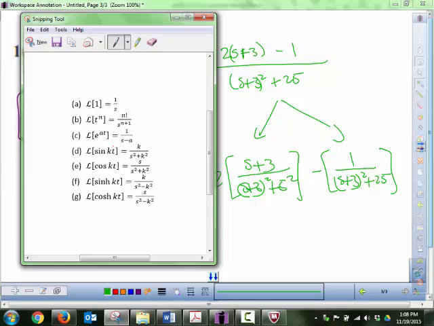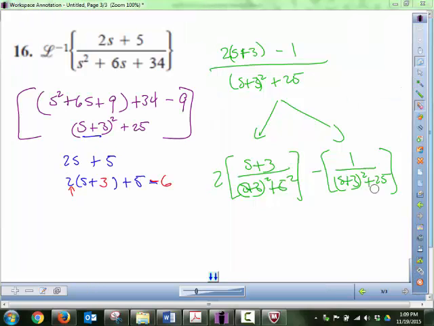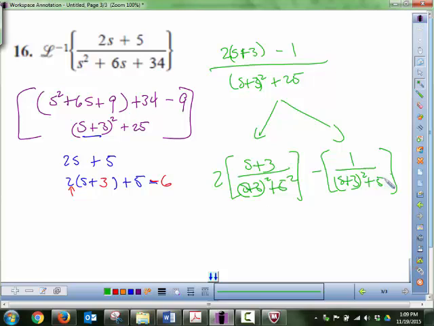Now, the constant over the quadratic over here, that would be d. That one has a k in the numerator, right? So what you want to do is force a k in the numerator. Well, what's k equal to in our case? K is equal to 5 in our case, right?